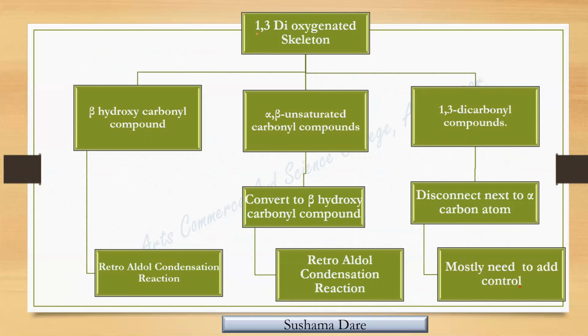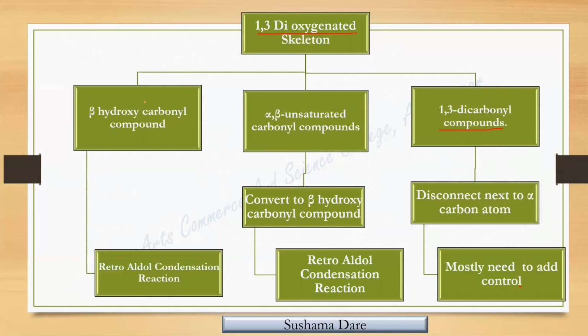Now, up till now, whatever we discussed, which skeleton are we talking about? It's among the two group disconnection. First we talk about the 1,3 oxygenated skeleton, which means the two oxygen related functional groups have a 1,3 relation. Among that, the first sub point we discuss is the beta hydroxycarbonyl compound. The second sub point is the alpha beta unsaturated carbonyl compound, and the third one is the 1,3 dicarbonyl compound.